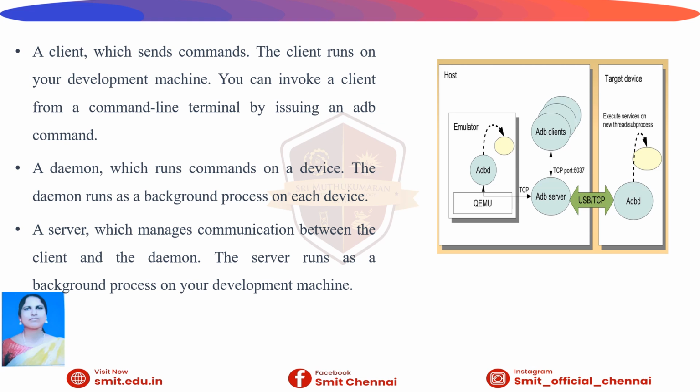The client is a command interface used by the user, running on the investigator's or developer's computer. Examples of the client are adb devices, adb shell or adb pull. When these commands are entered, the client sends the request to the ADB server. The client's role is to accept the user commands, send the commands to the server and display the result.